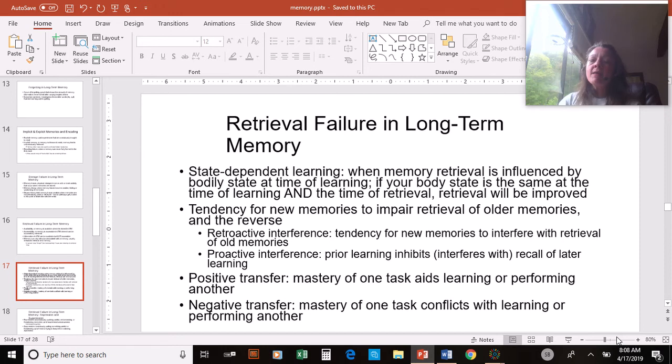And then proactive interference is where things that you have learned before interfere with that old information. So it's like conflicting information. Instead of being able to get to that memory, you have something else blocking the way.